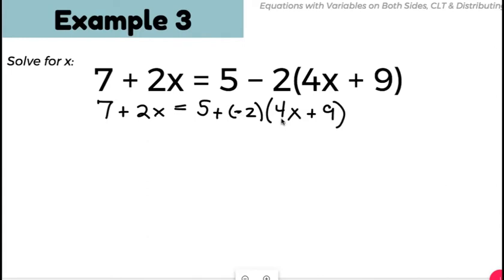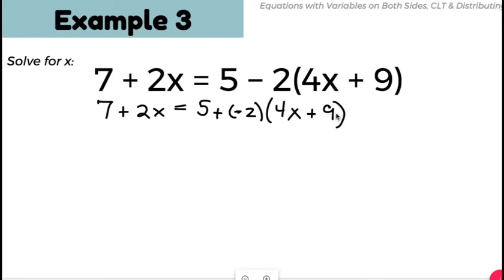Now this next part is where if you're not careful, you're not thinking about the order of operations, you're going to make a mistake. Remember, when we simplify, we follow the order of operations. So on the right-hand side is where I have things to do. In my parentheses, I cannot add these numbers because I have an x and a constant.